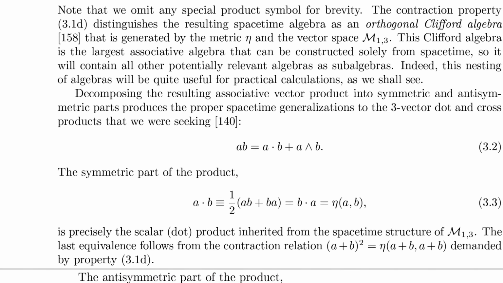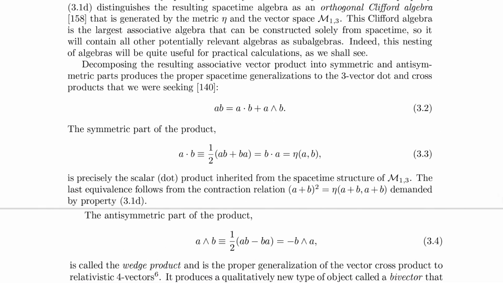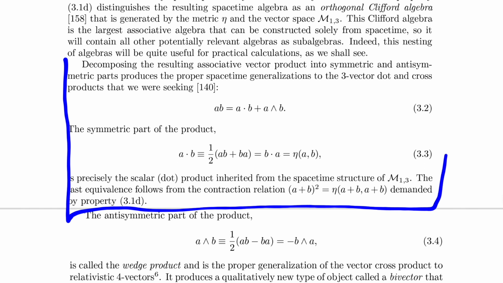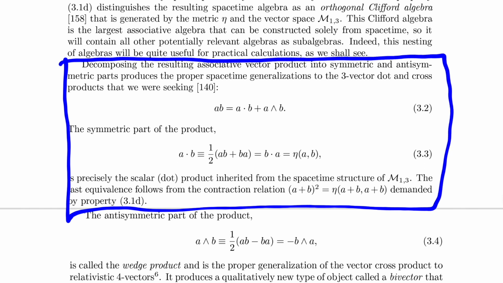We're going to talk about the geometric product in a little more detail. And this paragraph here is the next paragraph of our study. And it's a doozy. There's a lot to talk about inside this paragraph.